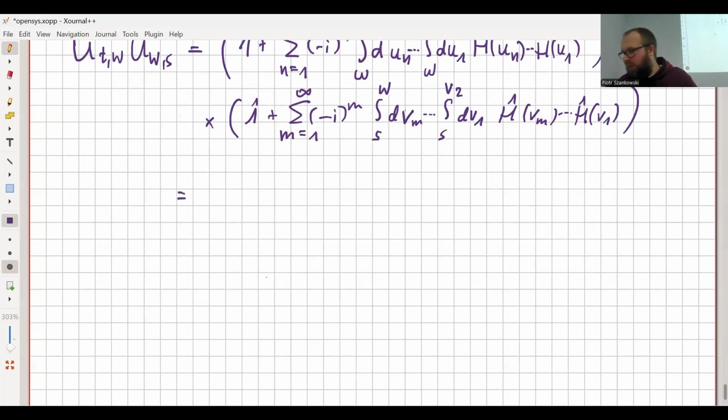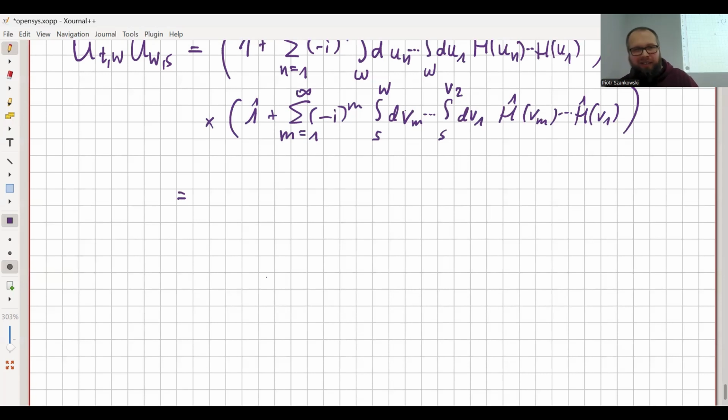And now we have to do some rearranging. So the idea is to collect everything under one sum, essentially, which we can achieve by changing the names of variables, essentially, but keeping track of the indices. Okay, which one is front, which one is in the back.